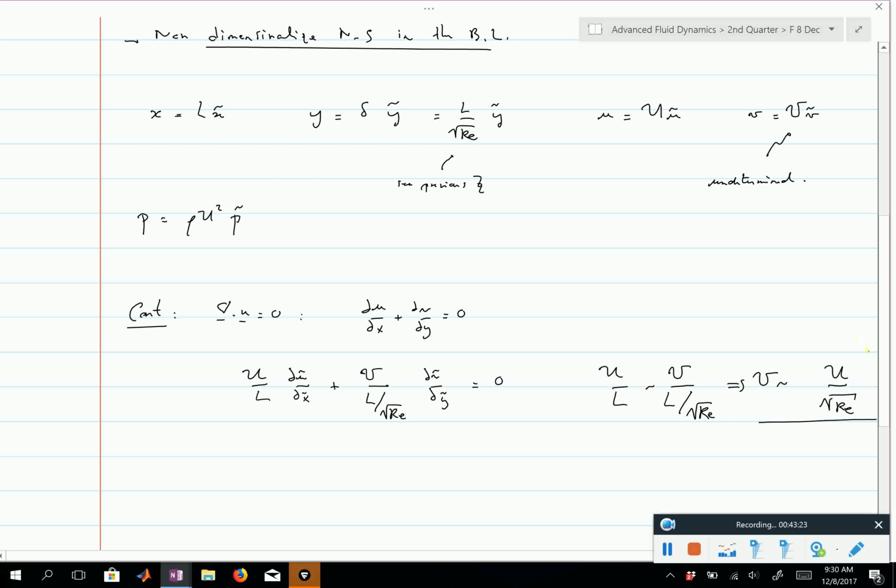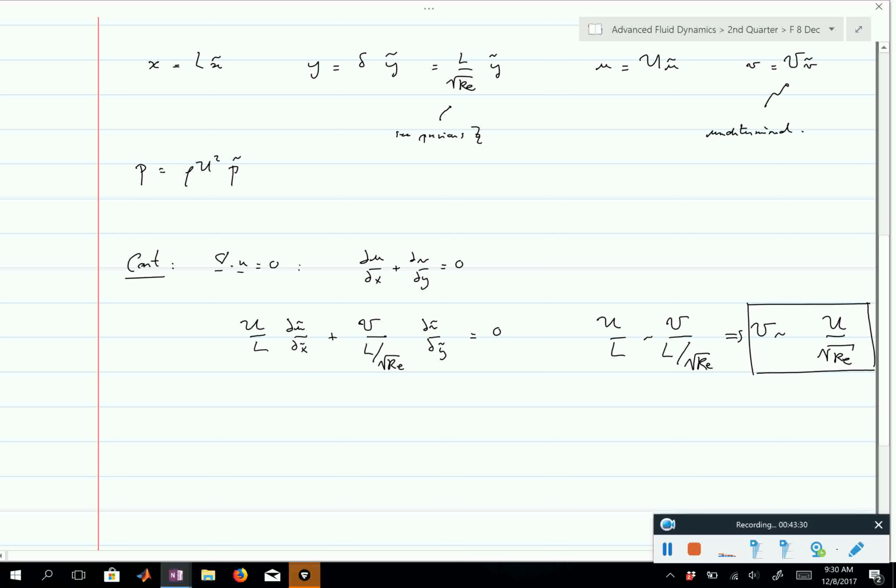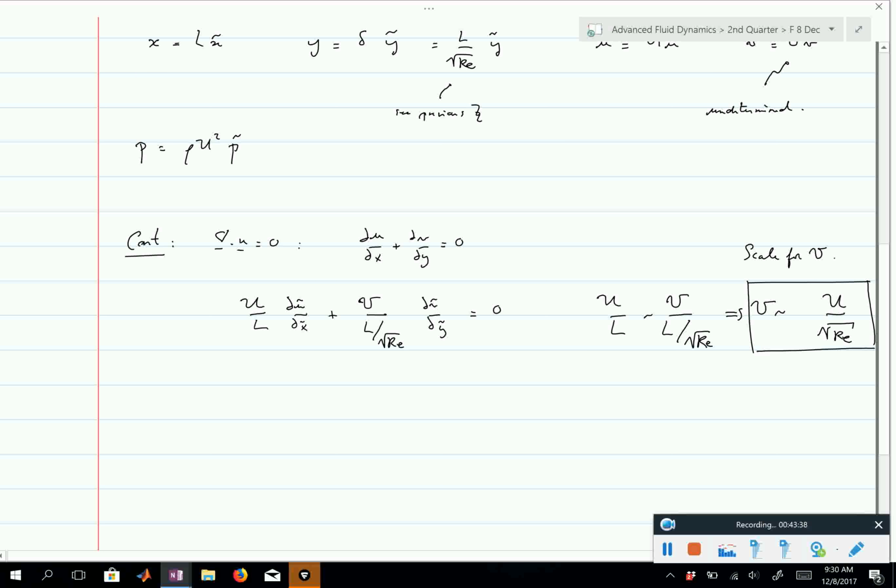So now you have your scale for V, and with that scale you can non-dimensionalize the momentum equation. Okay, so here is a scale for V. And now we'll do the x and the y momentum equation.